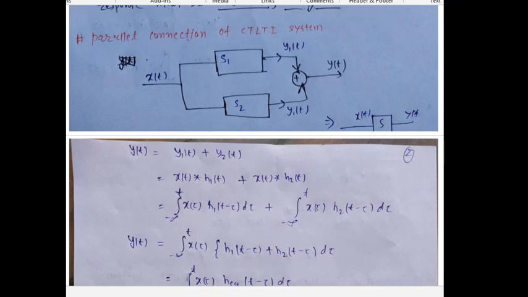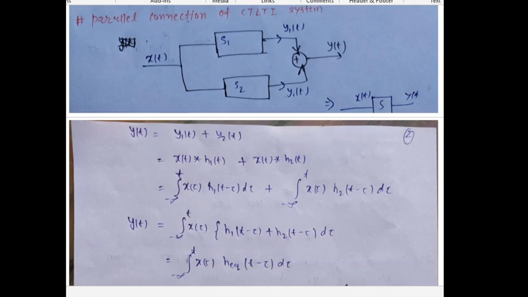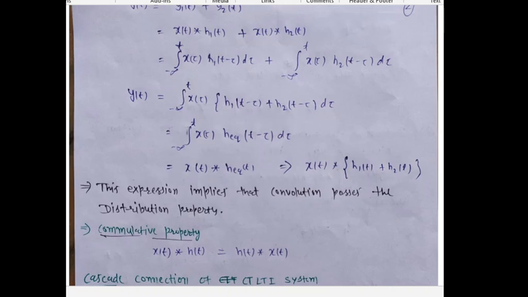We can combine these integrations and write h1(t minus tau) plus h2(t minus tau). We consider this h equivalent, so h equivalent is equal to h1 plus h2.